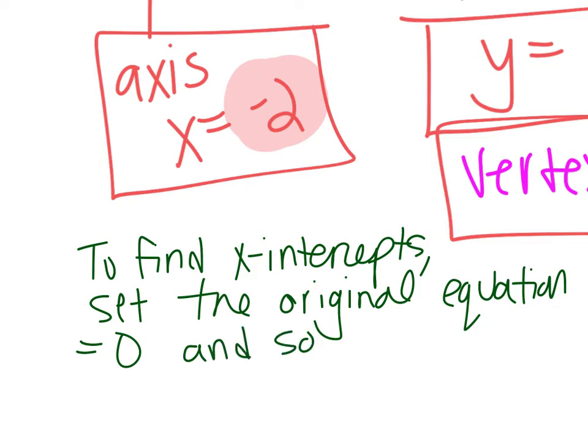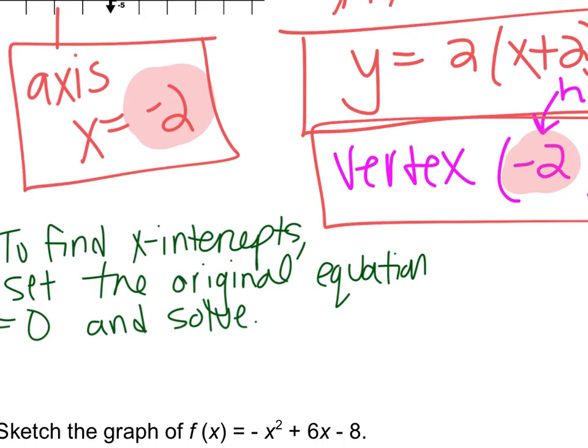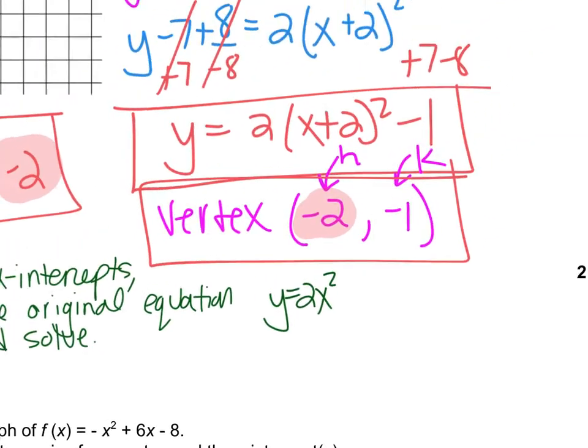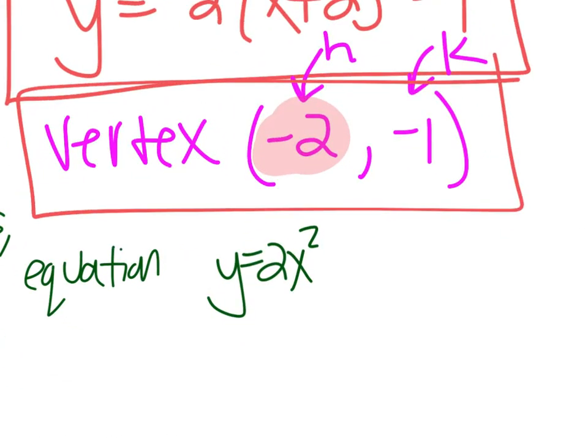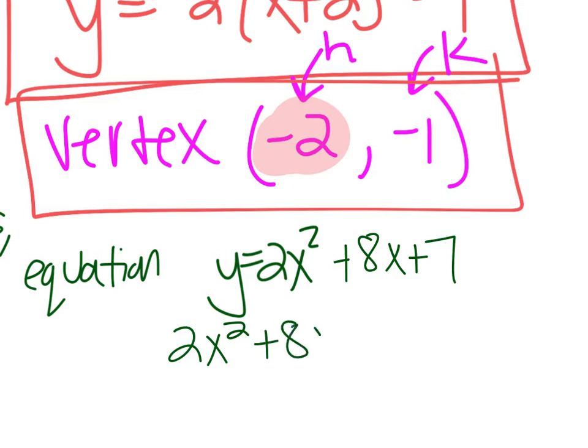And we've done this a lot in chapters 1 and 2. So our original equation here was y equals 2x squared plus 8x plus 7. So we're going to take 2x squared plus 8x plus 7 and set it equal to 0 and solve.